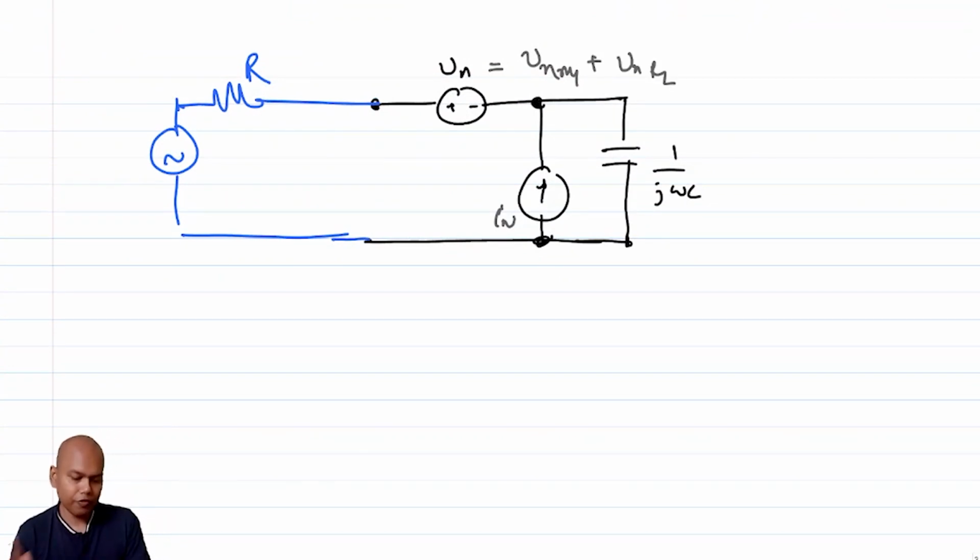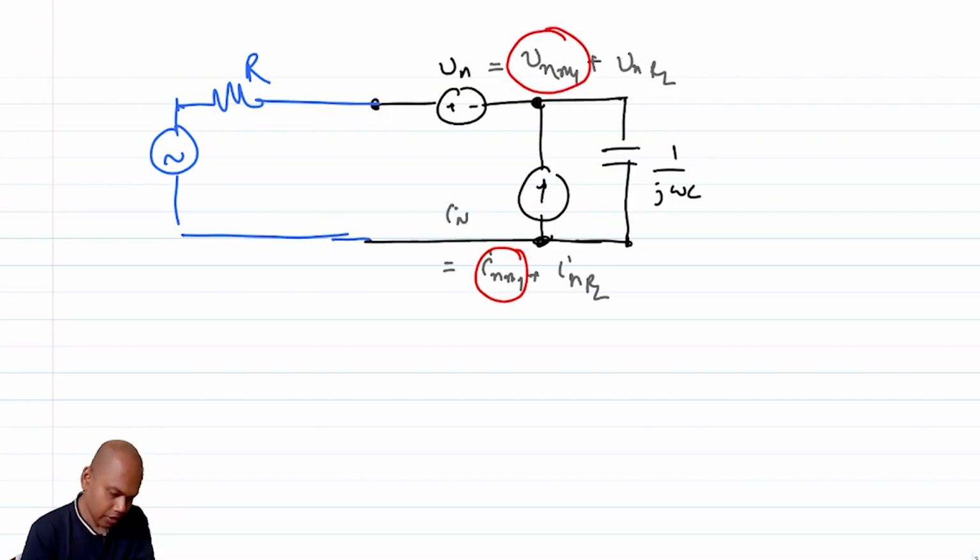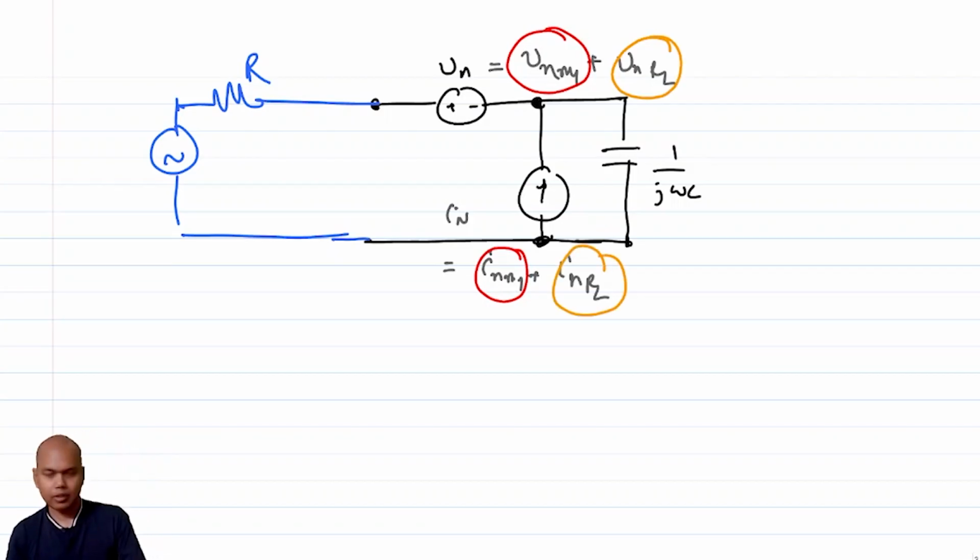Note that VNM1 and VNRL are uncorrelated. Similarly, IN has two contributors, INM1 plus INRL, and they are independently uncorrelated, but VNM1 and INM1 are correlated and VNRL and INRL are correlated. That's the part that I am trying to impress upon you.